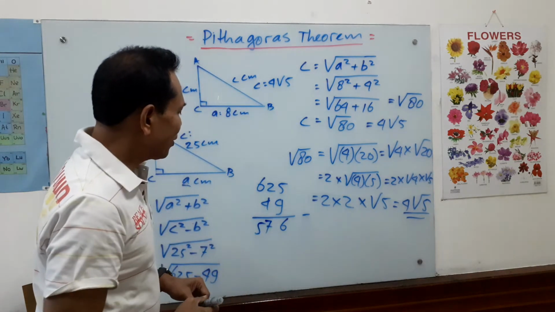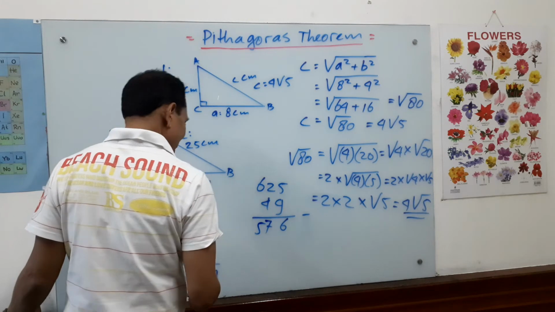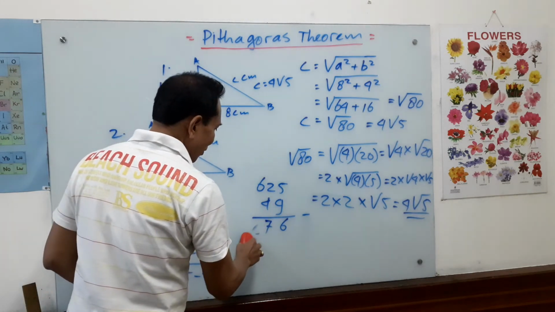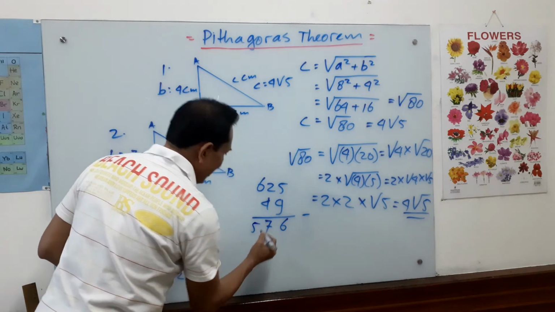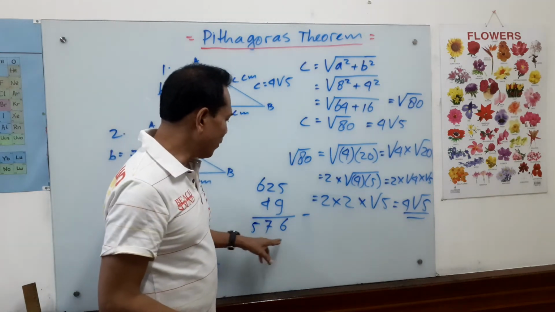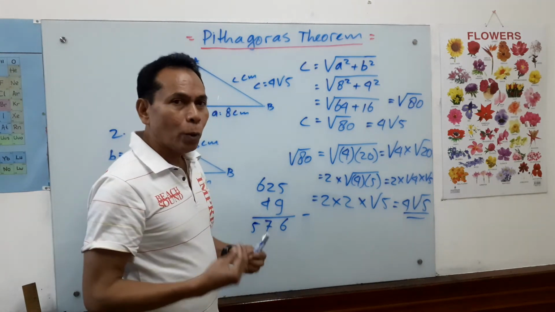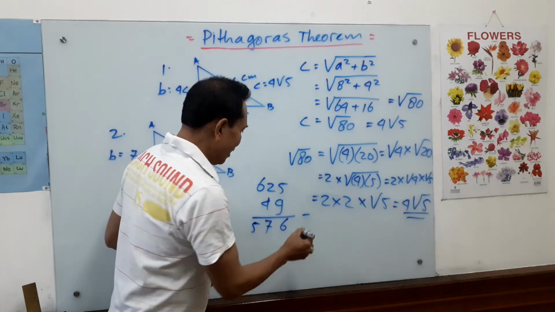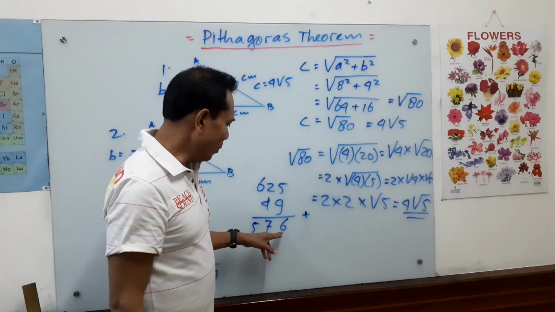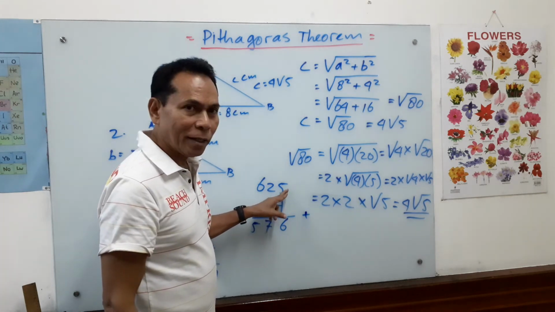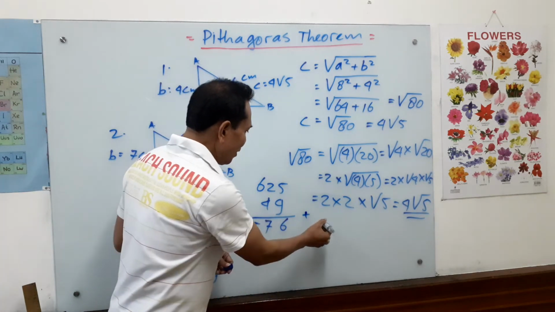Now, let's test our result to see if it is true or not. This is 5 here, so we got 576. Now we add this; if it is correct, then the answer is correct. 6 plus 9 is 15, we write 5 there and put 1 there.